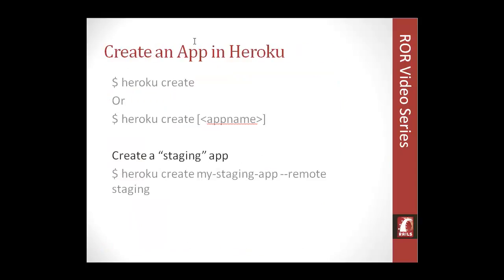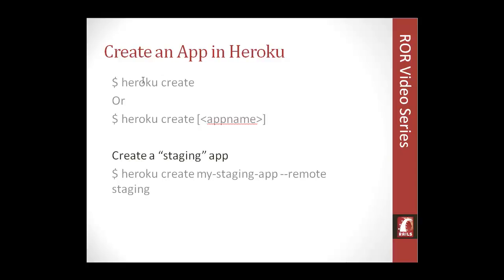To create an app in Heroku, which we already did, you shouldn't have to do this in this video or in this app because we've already done it. You type heroku create, and what that would do is assign us a funny name, like we had that nameless something, and obviously you had something different because they're unique.